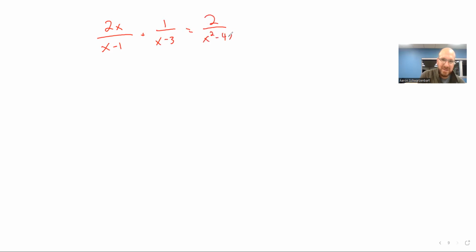Hey, this is the same thing as example 1, where we factored x squared minus 4x plus 3 into x minus 1, x minus 3. So I'm going to multiply through by my common denominator. Since x squared minus 4x plus 3 is x minus 1, x minus 3, I'll just notate that right underneath here.